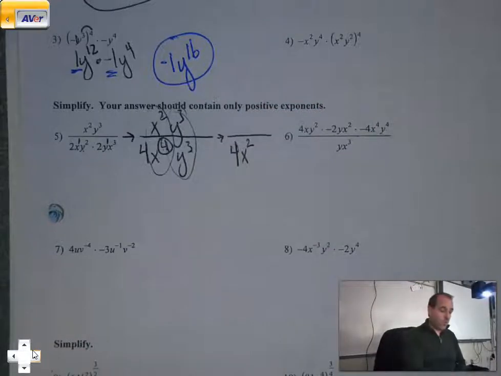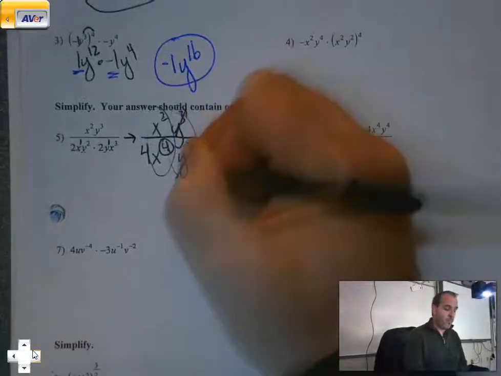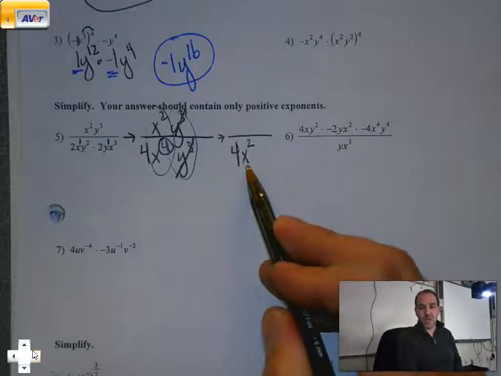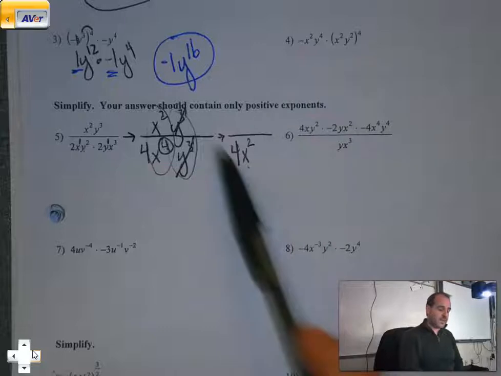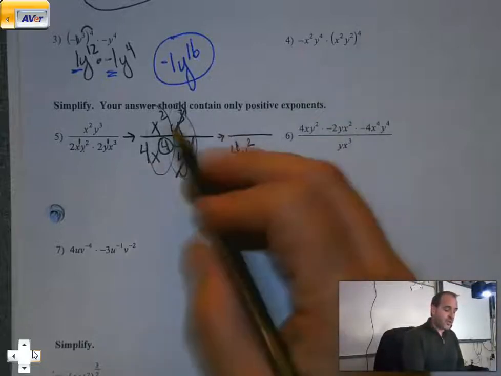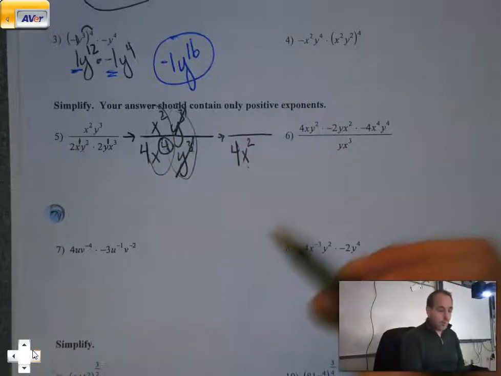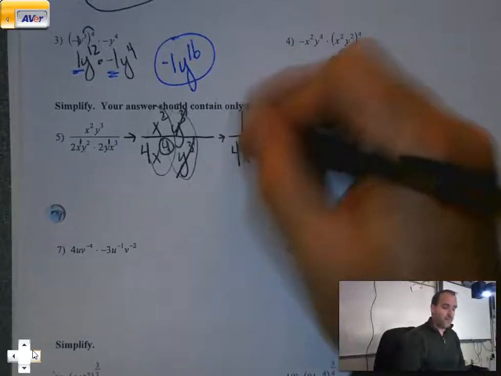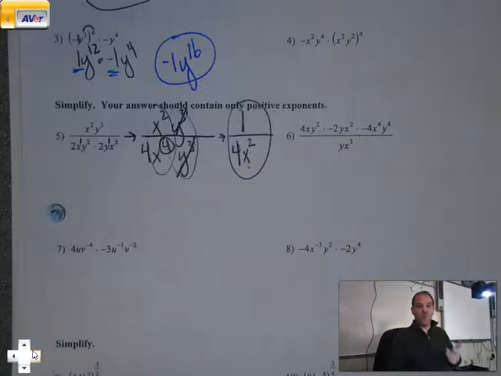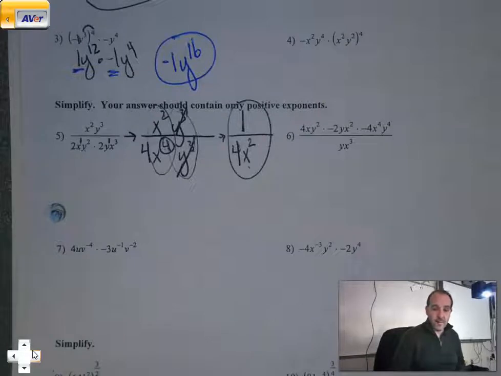Anything to the 0 is like it just canceled out. But I can't circle this as my answer and call it good. Why not? Because then we'd assume this is up top. If you ever run into a situation like we do here, where there's nothing left at the top at the end, we got to put a 1 there. Otherwise, we don't know that that's going to be in the denominator, my 4x squared instead. So I've got to make sure I get it there.